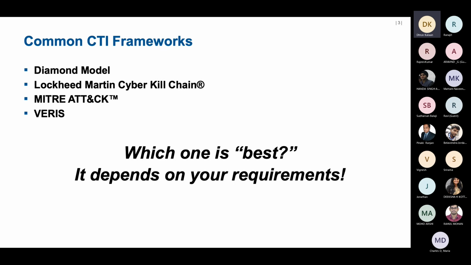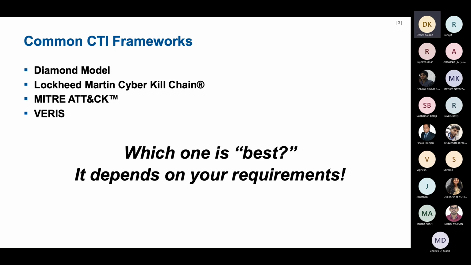Most of you must have heard about ATT&CK frameworks. There is also another framework which FireEye devised on its own, the FireEye kill chain, which added a few steps to the Lockheed Martin one. But wherever you go, at the end of the day, CTI information can be classified using any of these four frameworks.